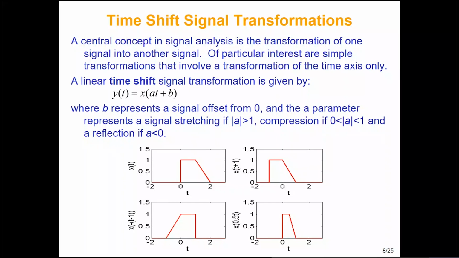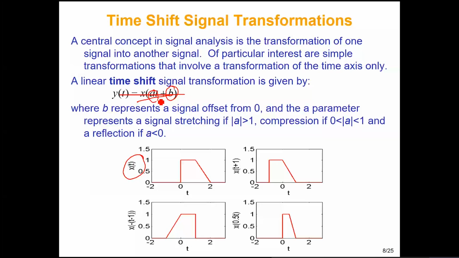If you have any signal x of t, the plot that you see right here, we can either shift that x of t by a particular quantity or scale it by a particular quantity. So with this a and b, we can have any constants here, and it will end up giving us either the shifting of that signal or scaling, either compression or expansion of that particular plot.